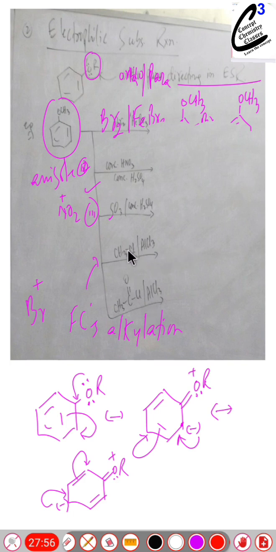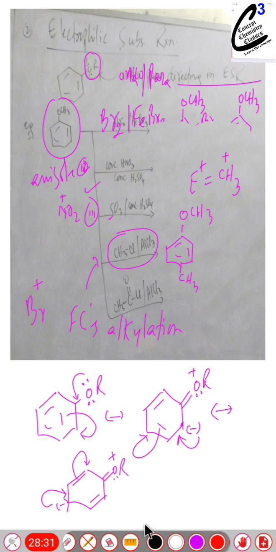When these two are reacted, the electrophile generated will be CH3 plus. So CH3 plus will be directed to the ortho and para positions. Let me write the major product only. Methyl can be attached to the ortho position also, and that would be our minor product. This is our Friedel-Crafts alkylation.